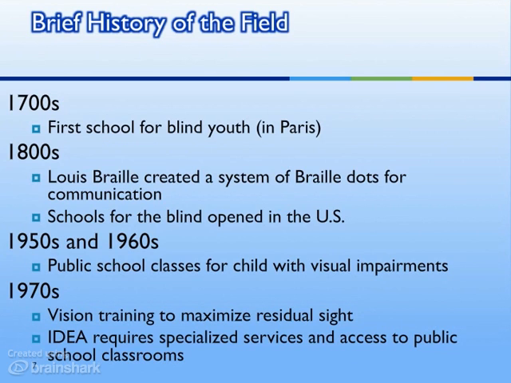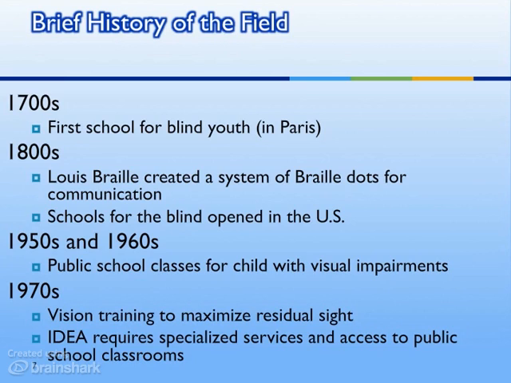When you look at the history of visual impairments, the first school for the blind started back in the 1700s in Paris. Throughout time, we have been pretty progressive when it comes to working with children who are blind. The Braille system was created in the 1800s, and schools for the blind have been opened since the 1800s as well.